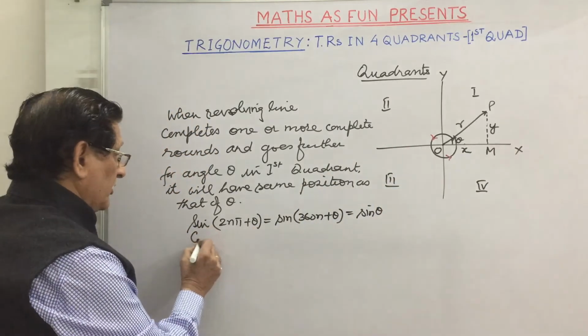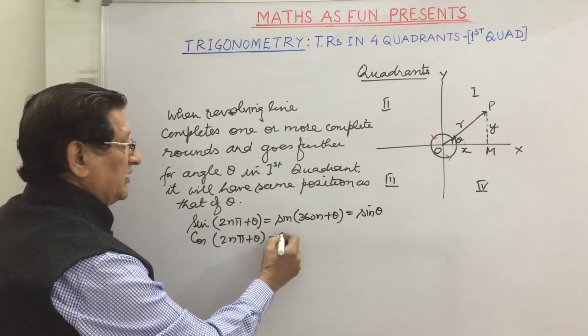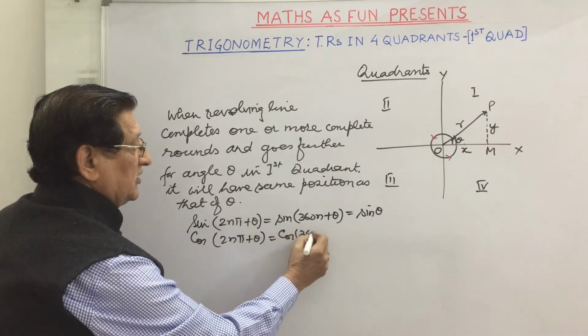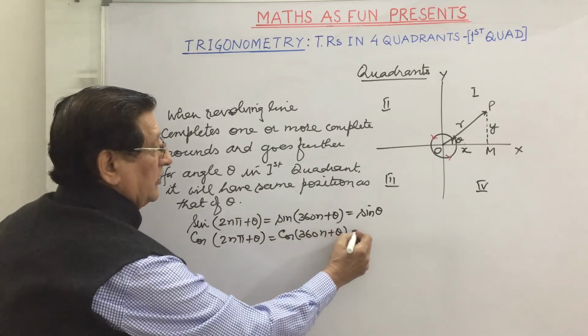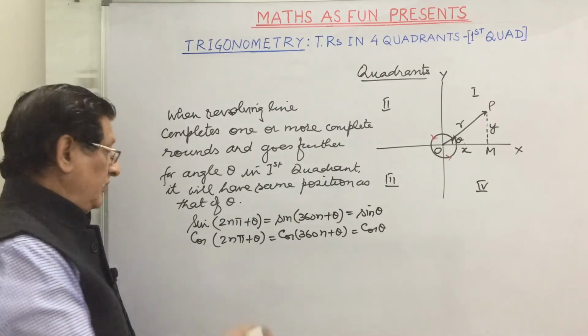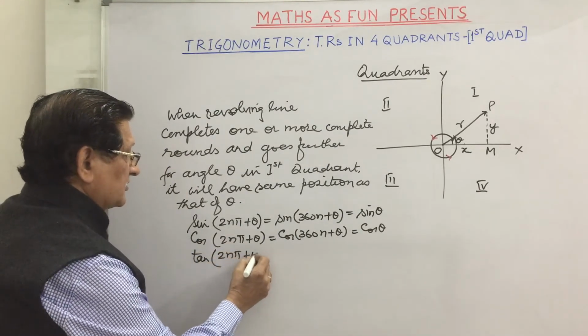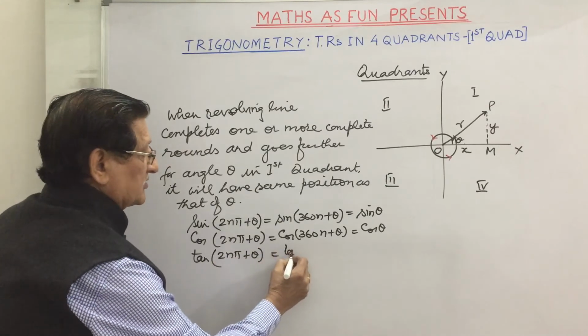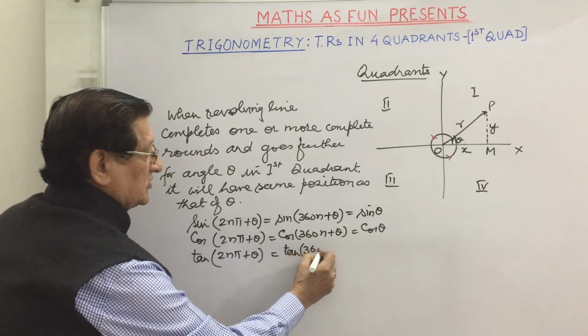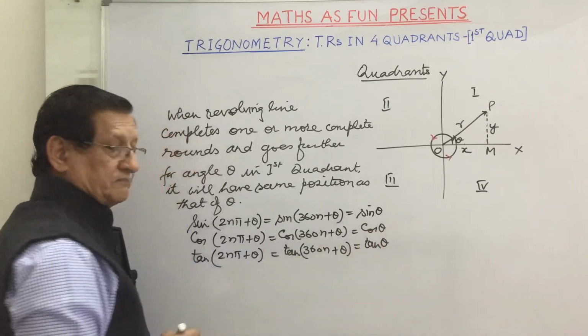If we go for cos of 2n pi plus theta, or in degrees cos of 360n plus theta, that is same as cos theta. Tan of 2n pi plus theta, or in degrees tangent of 360n plus theta, will be same as tan theta.